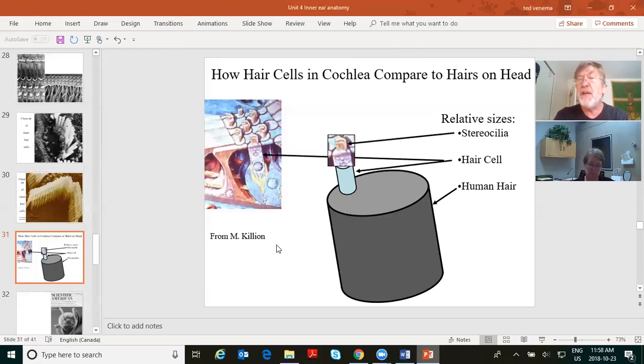Now, Killion is a big figure in our field. He lives in Chicago, Illinois, and he is an inventor of a certain type of hearing aid in the 1990s, which tried to imitate the role of the outer hair cells, by the way, by amplifying soft sounds, especially sounds below 50 dB, in order to imitate the outer hair cells electronically.